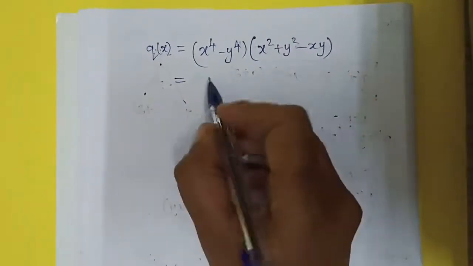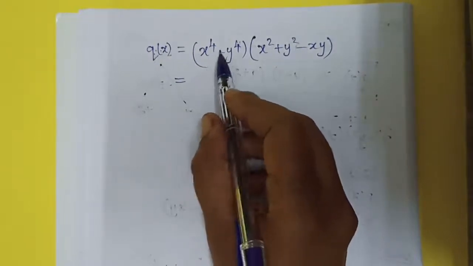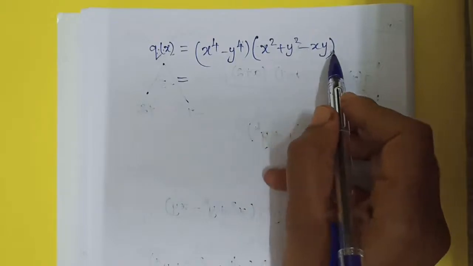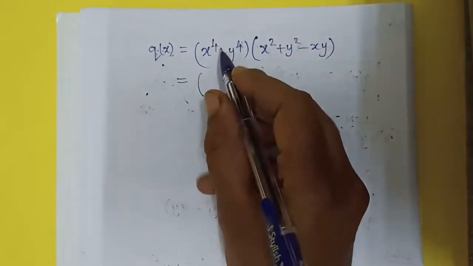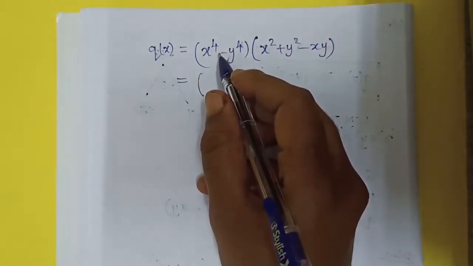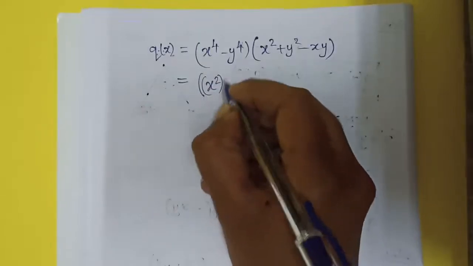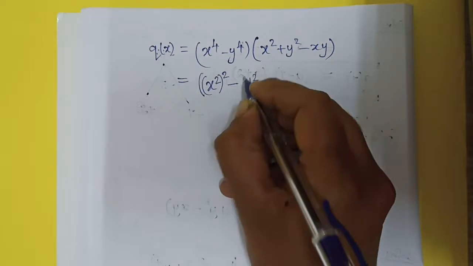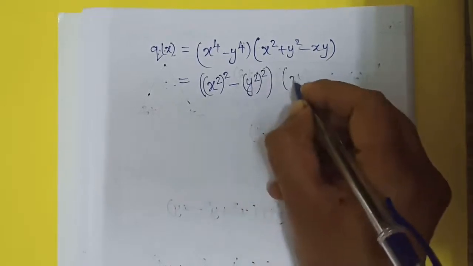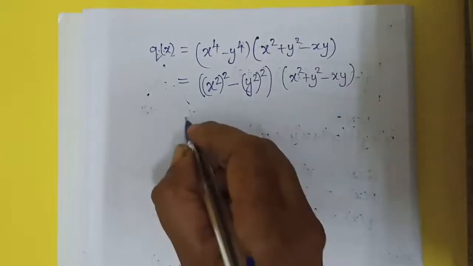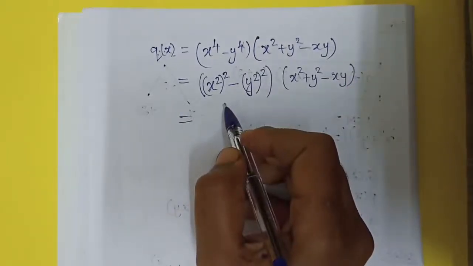Okay, listen. Now q(x) is (x⁴ − y⁴)(x² + y² − xy). Listen, x⁴, shall we rewrite this as (x²)²? So (x²)² − (y²)², then (x² + y² − xy). Here, which formula do we need to use?